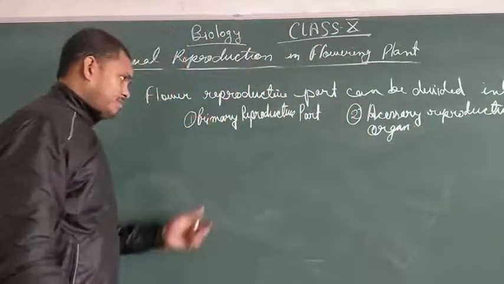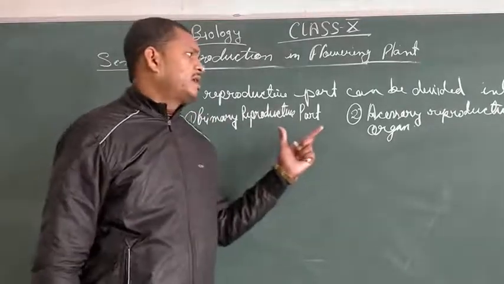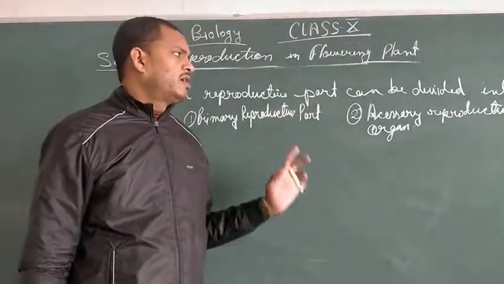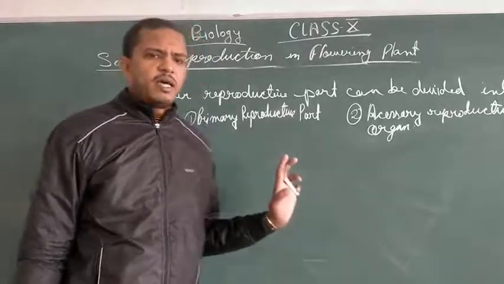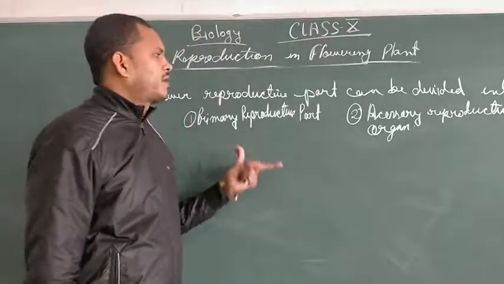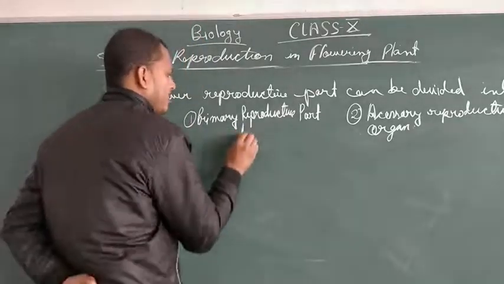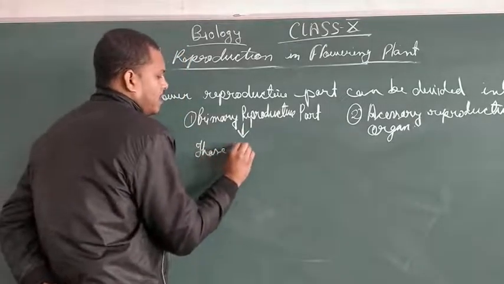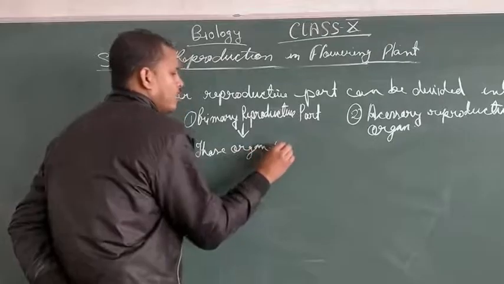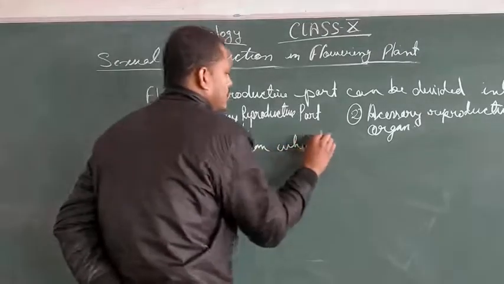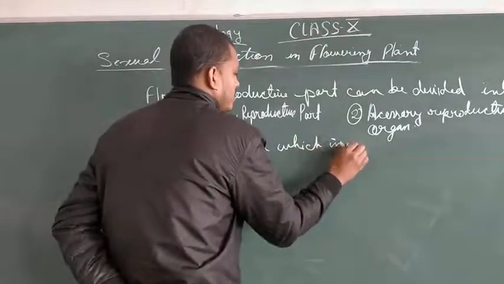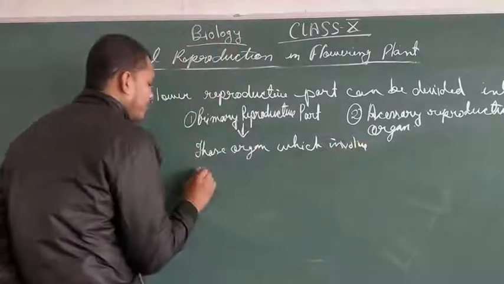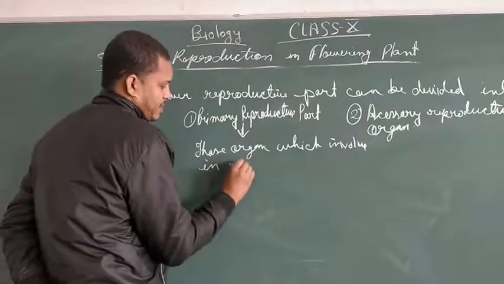Okay, primary reproductive organ and accessory reproductive organ. It means that primary reproductive organs are those organs which are involved in gamete formation.